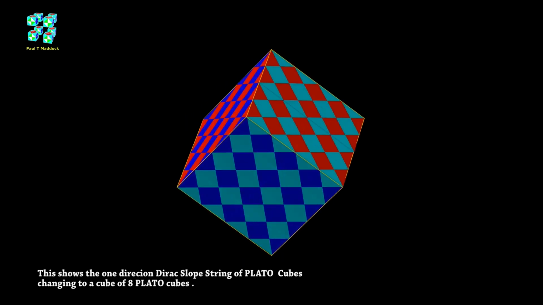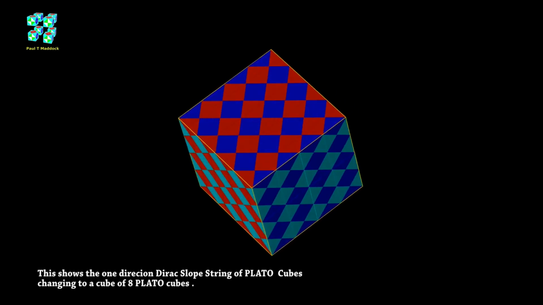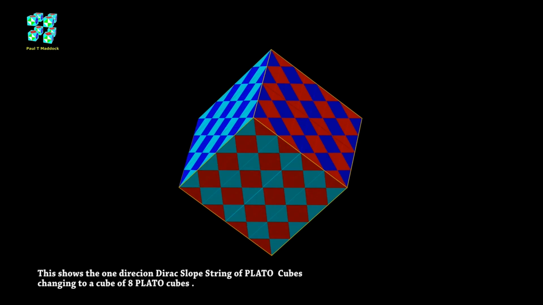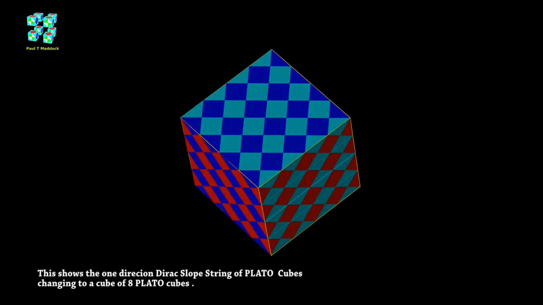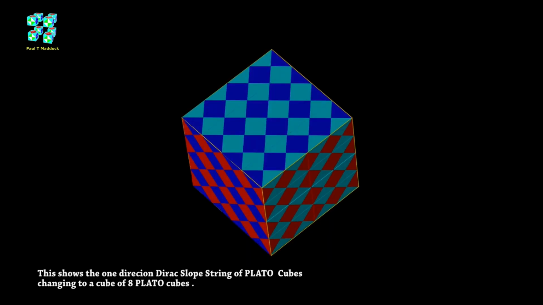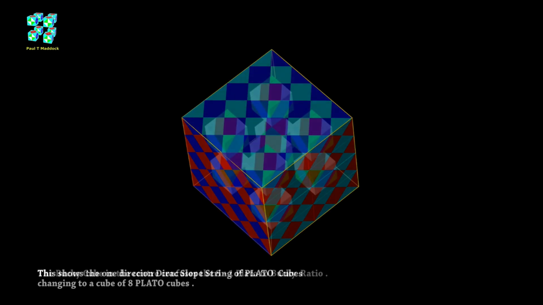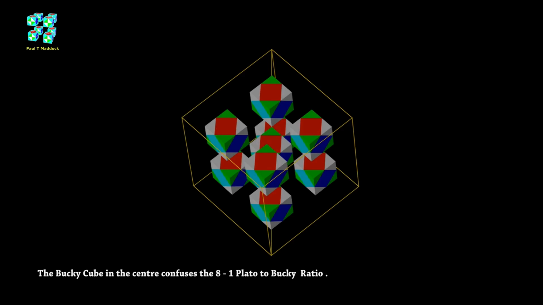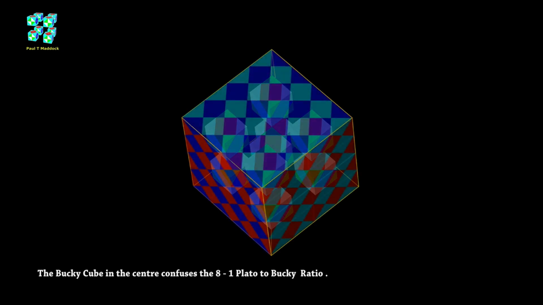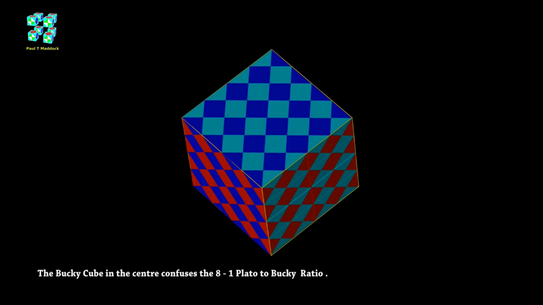This animation showed that 9 Bucky cubes produce 64 Plato cubes. Now this isn't correct. After a bit of research, I realized the problem. It's the center Bucky cube that's the problem. It's not 8 to 1. So I guess we have to subtract the center cube.